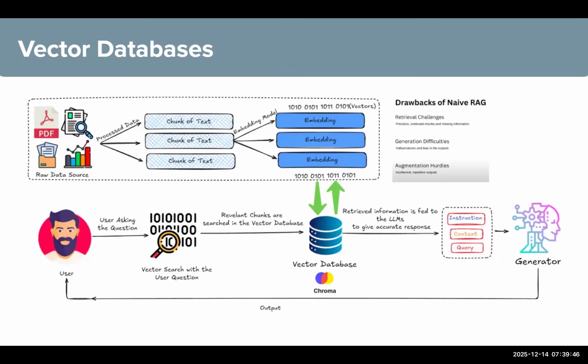Suppose you are processing a report. A report has various sections. Some have graphs, charts, tables, headings, subheadings, and all of that. Let's say you split by characters. What happens is you may abruptly cut the chunk in the middle of a paragraph or the middle of a section.